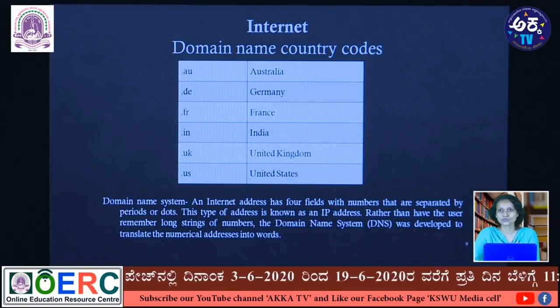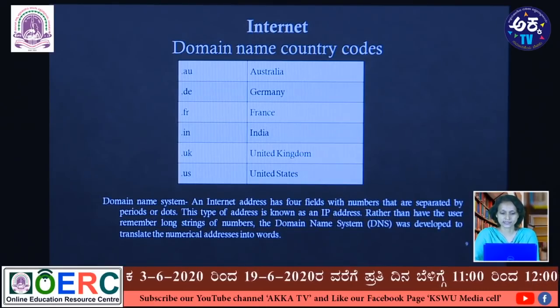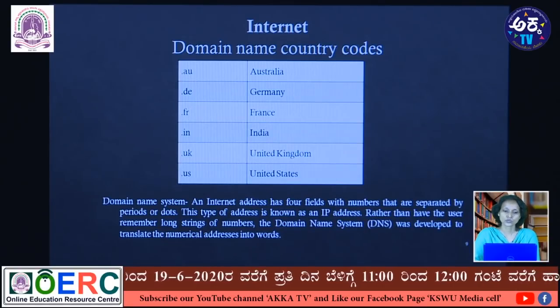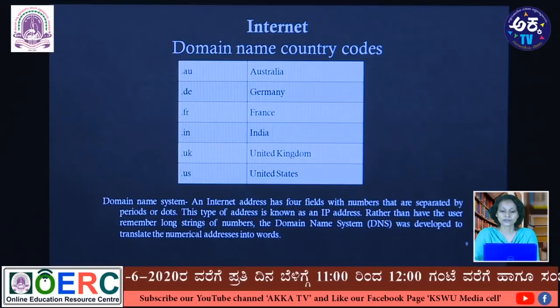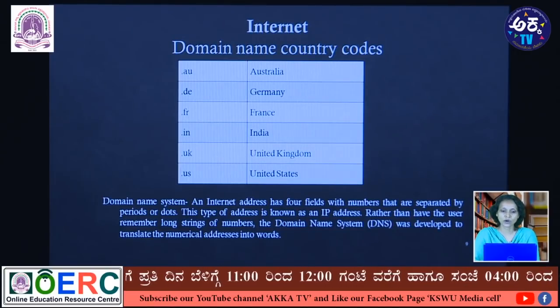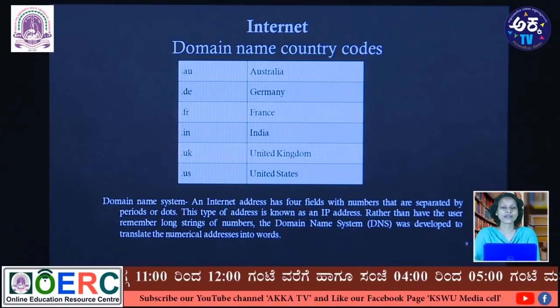AC stands for academic website, and .in stands for it belongs to the country India. So exactly like that, different countries have different short forms which have been adopted in domain names. A few of the examples we have listed here.